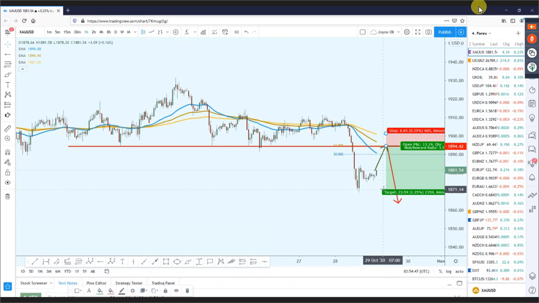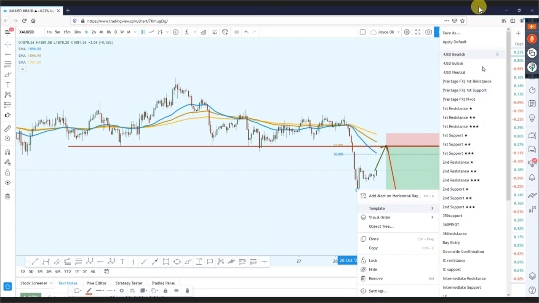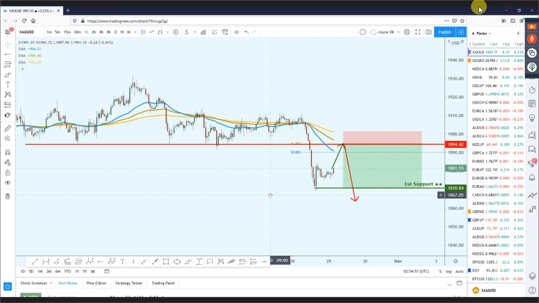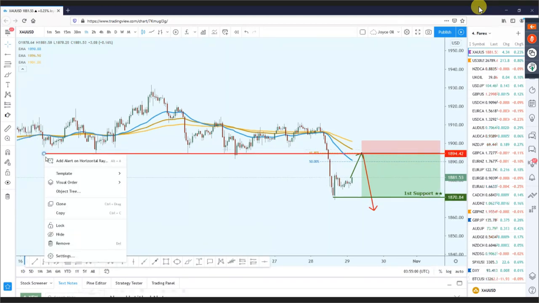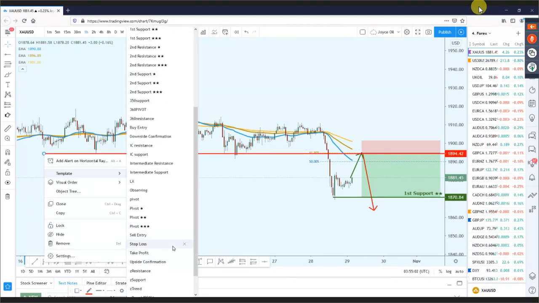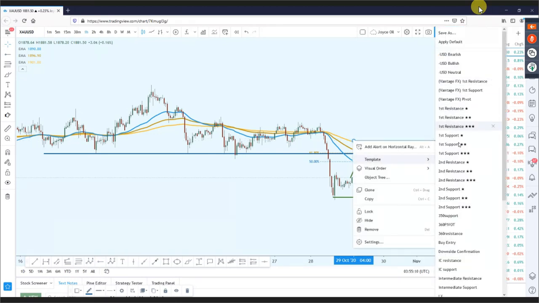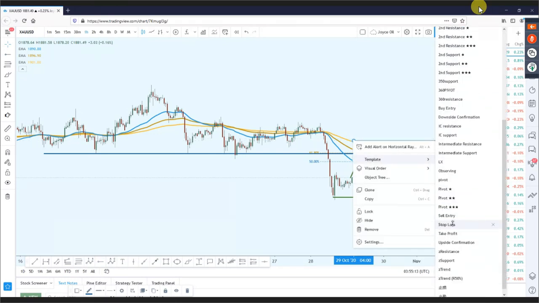And my target will be the last point where price has just reversed off of. Sell entry, take profit, and we have our stop loss.